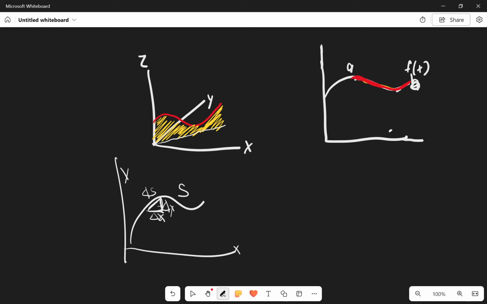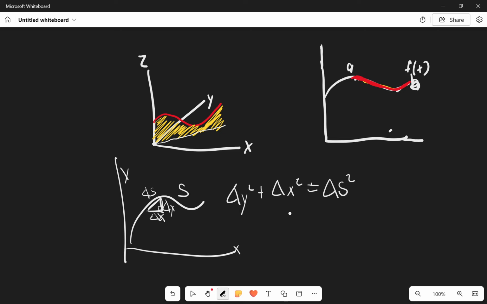By the Pythagorean theorem, we can set dy squared plus dx squared equals ds squared.